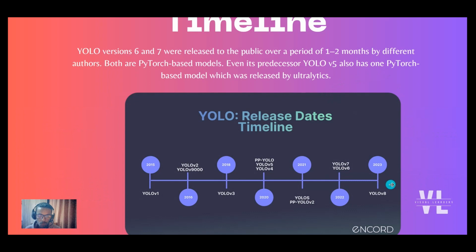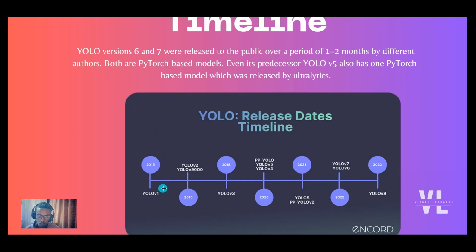Before we delve into the YOLO V8 model, let's see the timeline and the progress from YOLO V1 up to YOLO V8, so that we can understand the pattern and how it got from the original state to the current version. YOLO version 6 and 7 were released to the public over a period of 1 to 2 months by different authors.